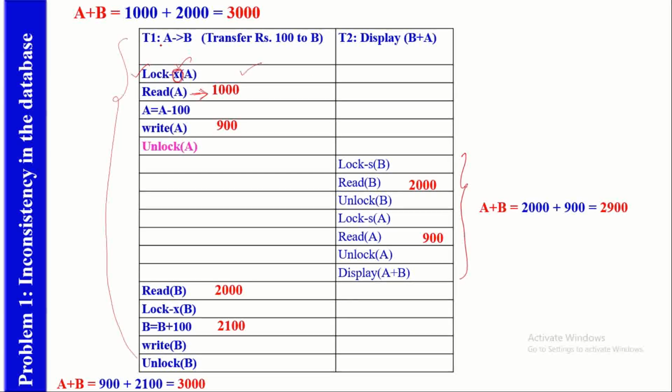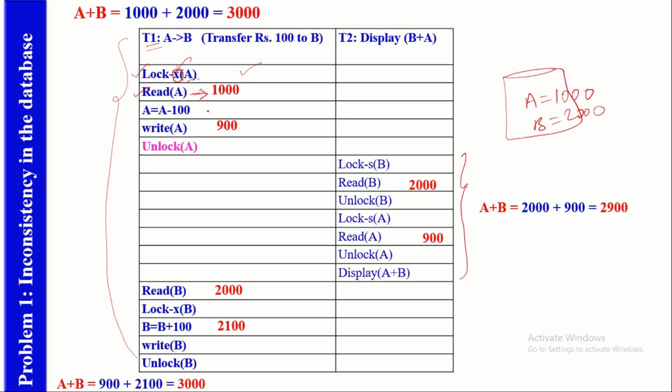So now transaction T1 has the right to perform read as well as write operations on A. Initially assume that the A and B values in the database are 1000 and 2000.